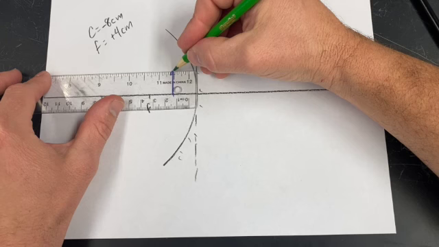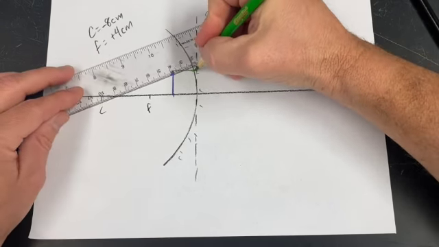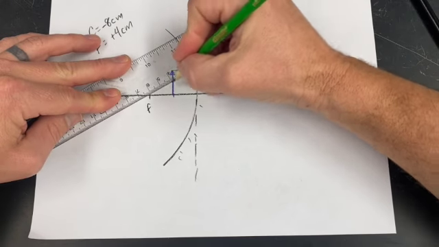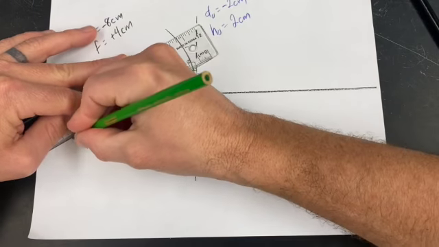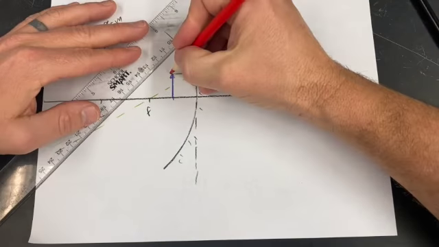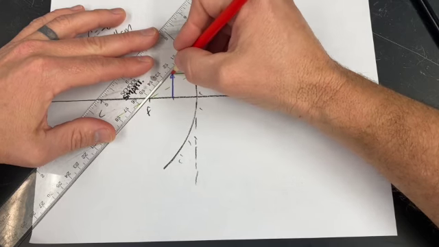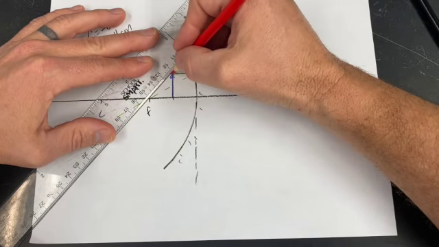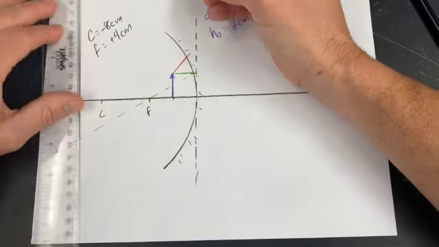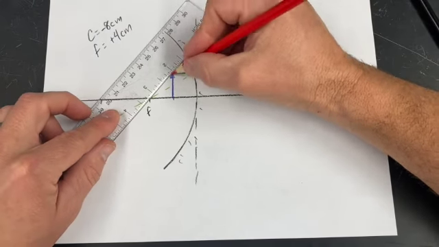I'm going to have a ray that is parallel to the principal axis reflect through the focus. Okay? And I'll go ahead and draw a ray that is extended through the focus. So from here, and I will go out. Let me extend that a little bit further to the 0.